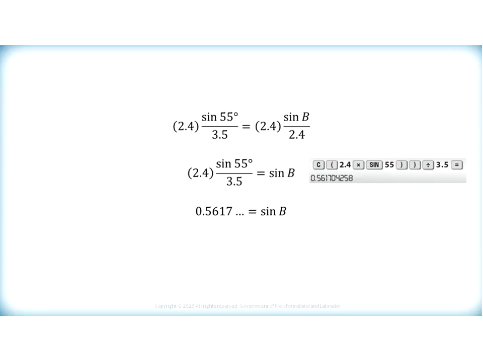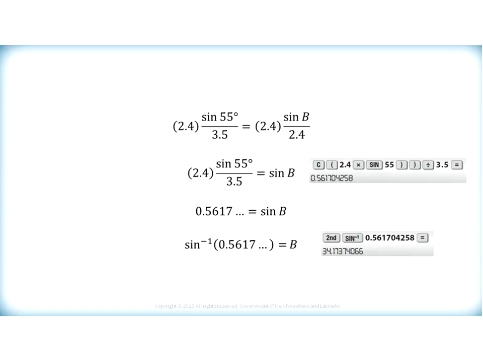Now once again, we've got sine B isolated, but we want to get B by itself. So we're going to perform that inverse sine function again. So B is equal to the inverse sine of 0.5617. On your calculator, you're likely going to see a second button, or possibly a shift button, or if you're using the computer's calculator, you have an INV button. When you hit the second button, usually above sine, there's sine to the power of -1.